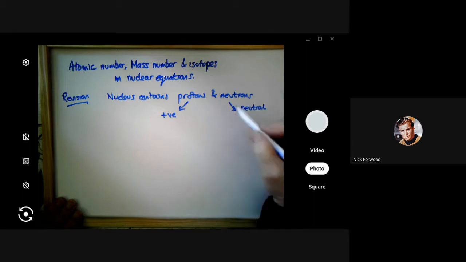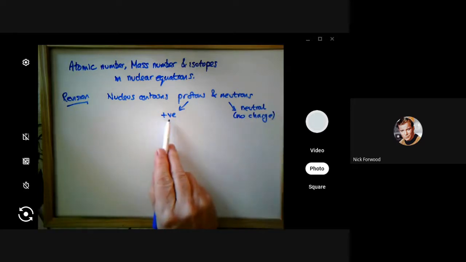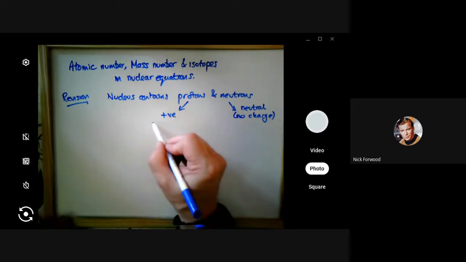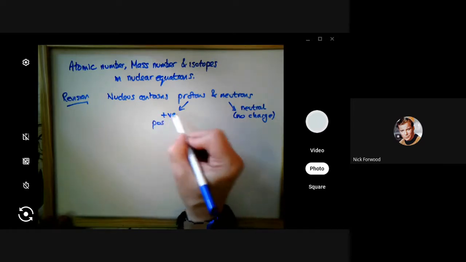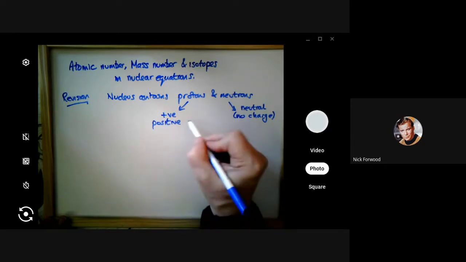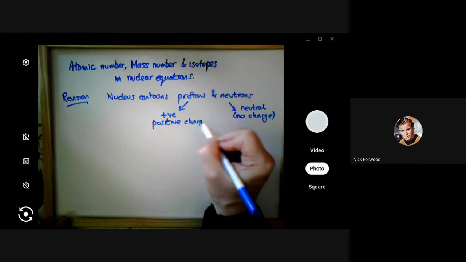So that means they have no charge. A plus with a VE written after it is just shorthand for positive. If you don't like plus VE, then you can just write positive charge instead.